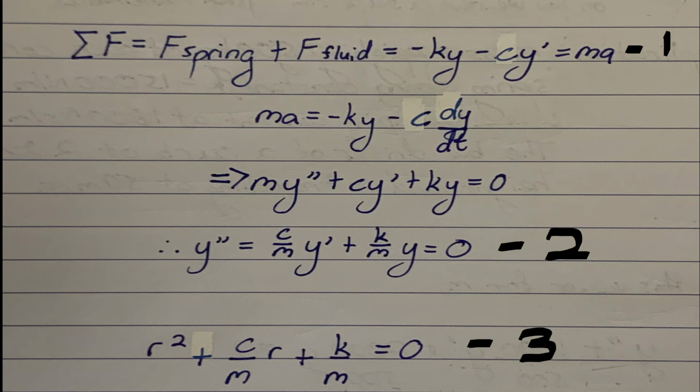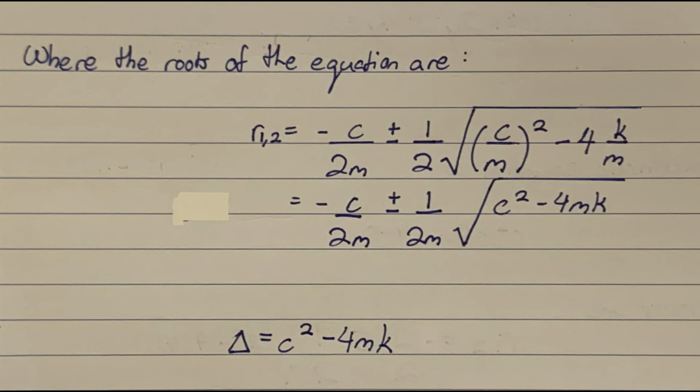The characteristic equation of 2 is r squared plus c over m r plus k over m equals 0. Substituting these variables from 3 into the quadratic formula, we get -c over 2m plus or minus 1 over 2m multiplied by the square root of c squared minus 4mk.